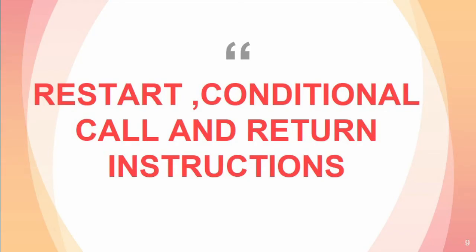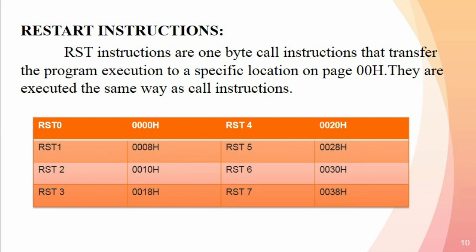The next topic is restart, conditional call and return instructions in 8085 microprocessor. Restart instruction. Restart instructions are 1-byte call instructions that transfer the program execution to a specific location on page 00H. They are executed the same way as CALL instruction.